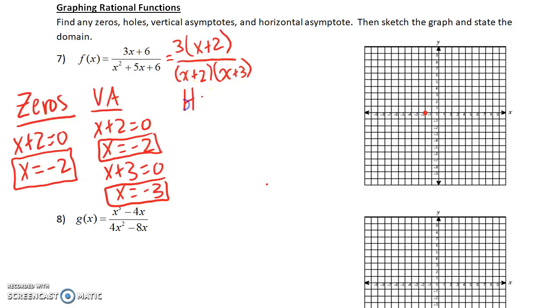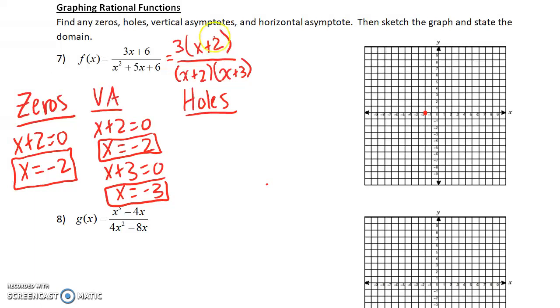Here is the new problem. Hopefully you noticed that when we factor the numerator and factor the denominator, from our practice of simplifying rational expressions, we had x plus 2 in the top, x plus 2 in the bottom. Now we can look at it there, but really your holes are created when they are zeros of the numerator and of the denominator.